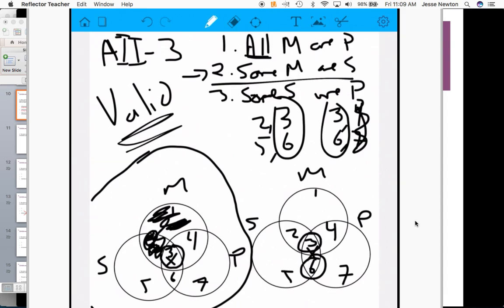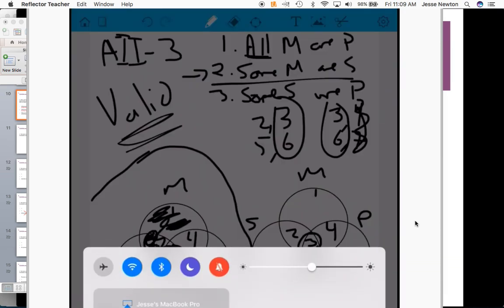This argument is most definitely valid. And you can definitely just look at this and tell. This is showing that some S are P. That's in fact what that X right there demonstrates. It also shows us that some M are P, some S are M. It shows a couple of different things, but one thing it tells us is that some S are P. So this argument is valid.